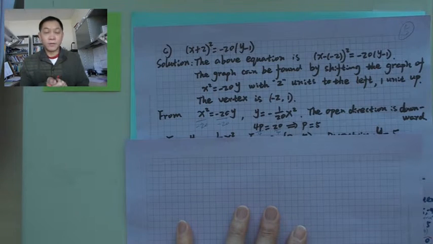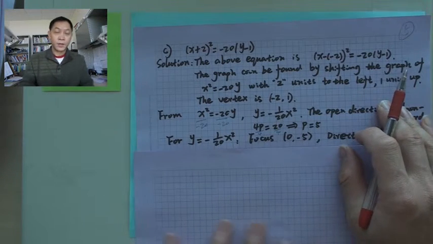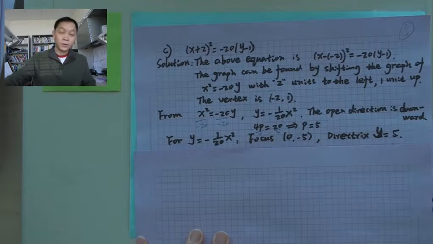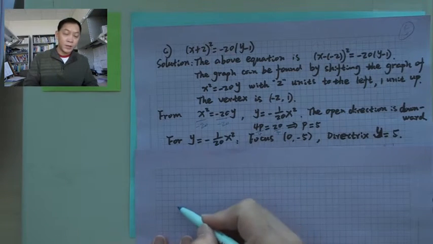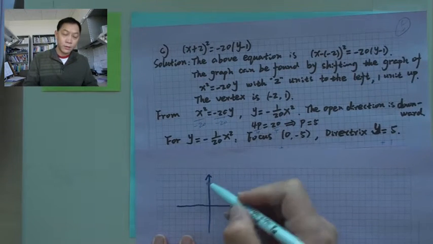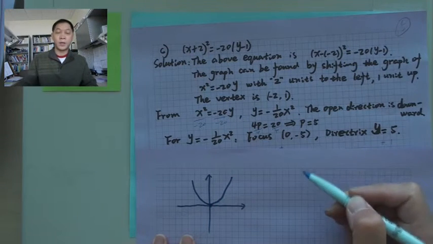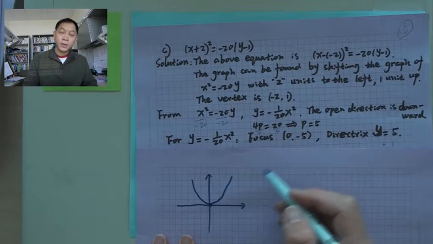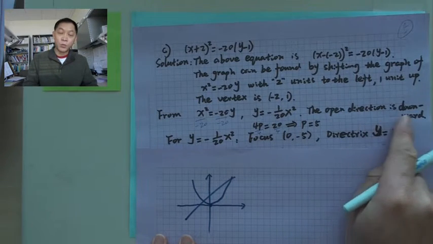Then you solve for p: divide both sides by 4, and p is 5. Once p is 5, then for this function, the picture would be like that. You know the vertex is somewhere here, that's 0, 0. And then the open direction, oh, this one doesn't work, because it's downward.